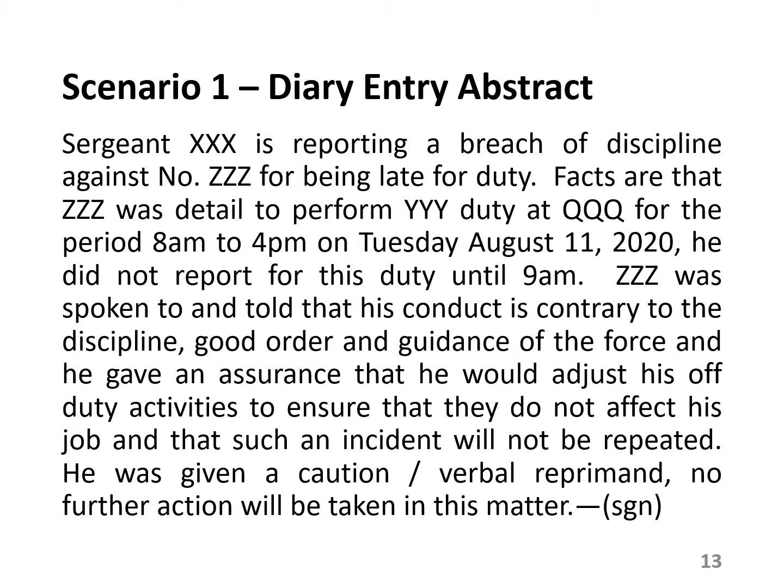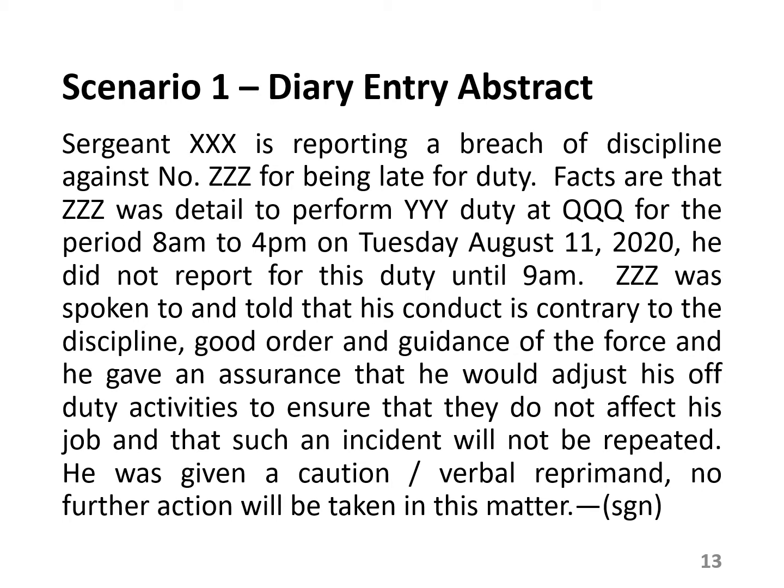Facts are that the name of the constable was detailed to perform, and you put the specific duty at the specific place that he was to perform the duty for the period, in this scenario, 8 a.m. to 4 p.m. on Tuesday, August 11, 2020.